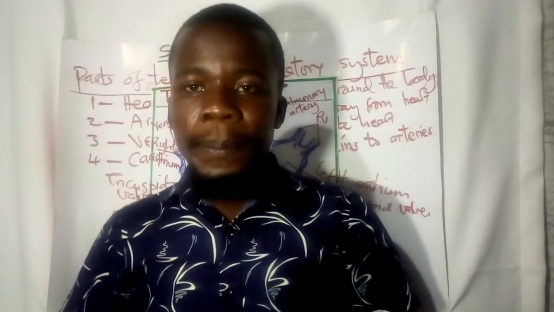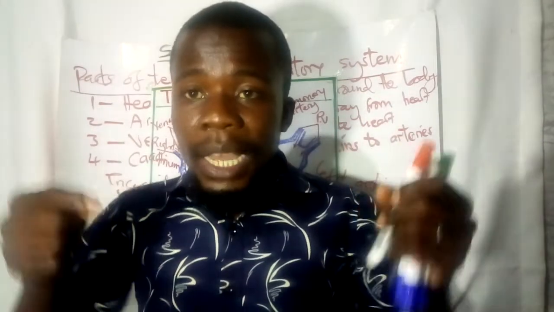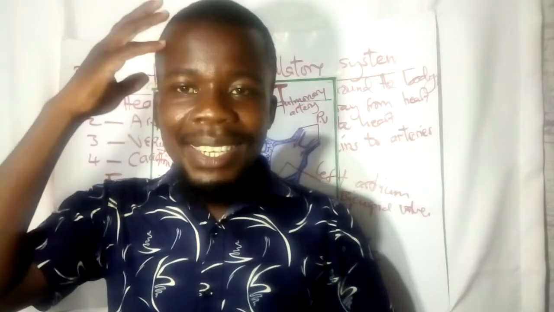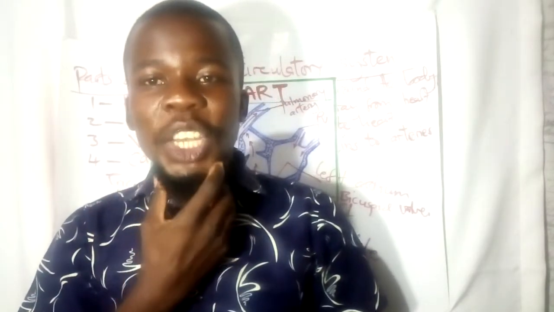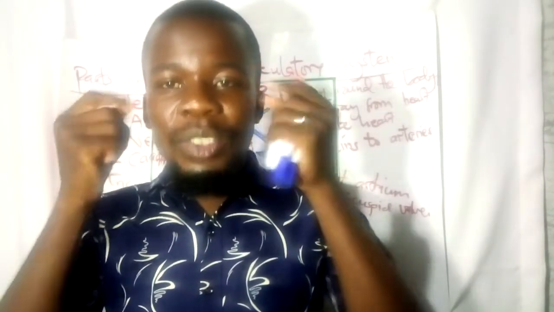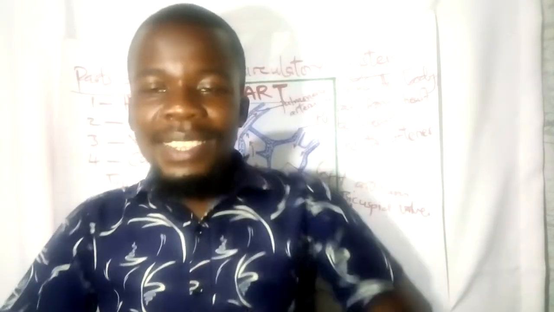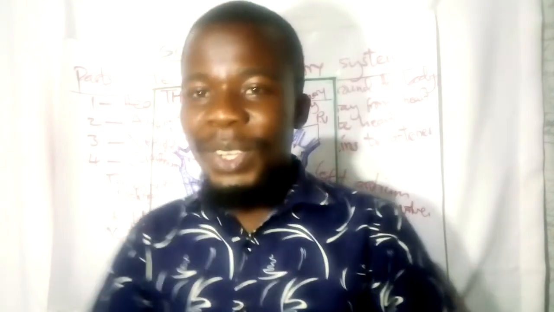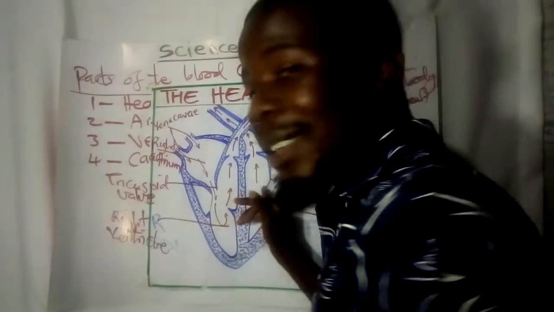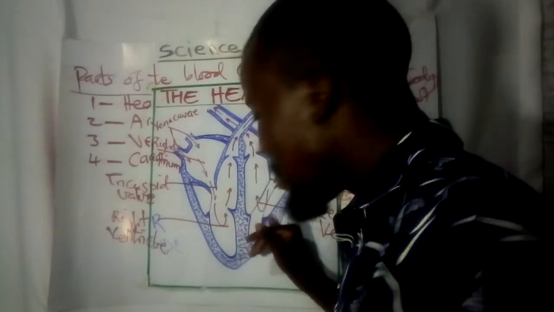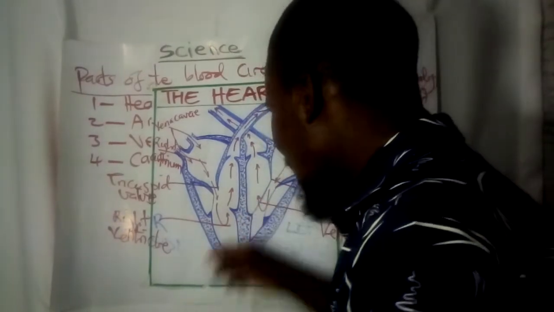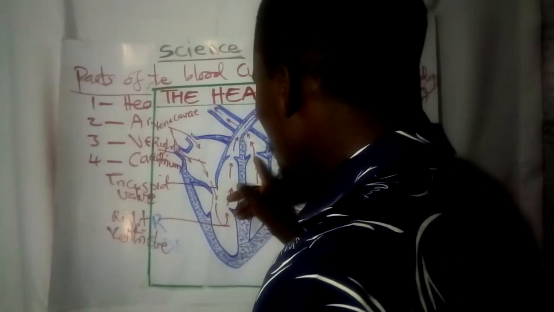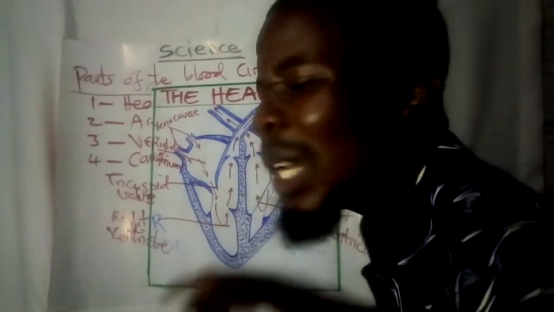of your body. That blood goes to all parts of your body, to the head, to the nose, to the chin, to the cheeks, to the ear, to the eyes, to the hands, stomach, legs, thighs. So that blood is pumped by this left ventricle, and it goes through the semilunar valves.